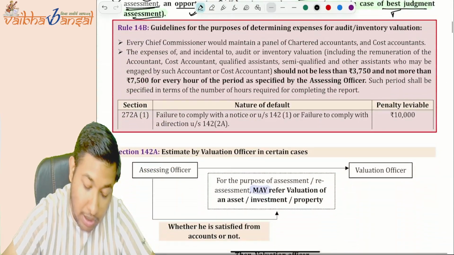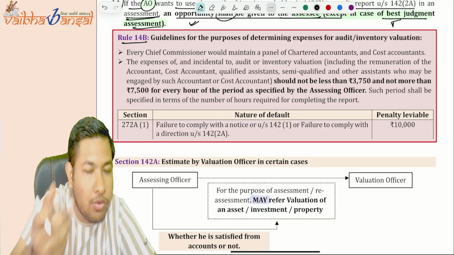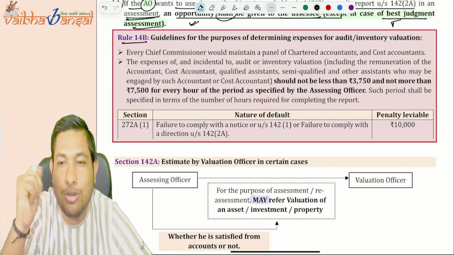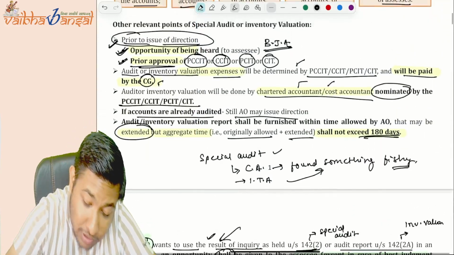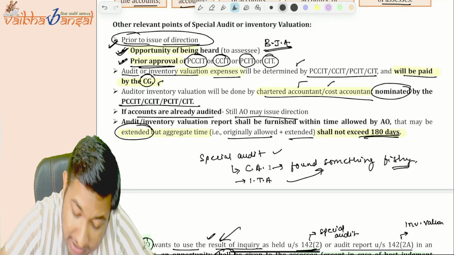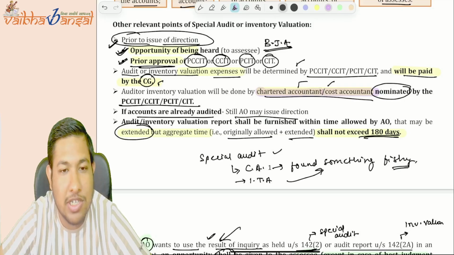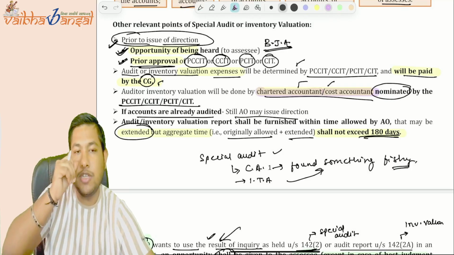Now, coming to Rule 14, which is a very favorite rule of yours. Why? Because here we will talk about the money. Here the chartered accountant is appointed. The chartered accountant and the cost accountant are nominated by the Principal Commissioner, Chief Commissioner, or the Principal Chief Commissioner.